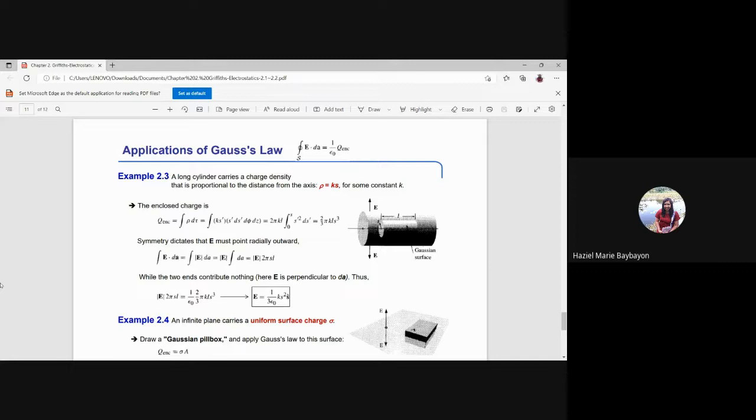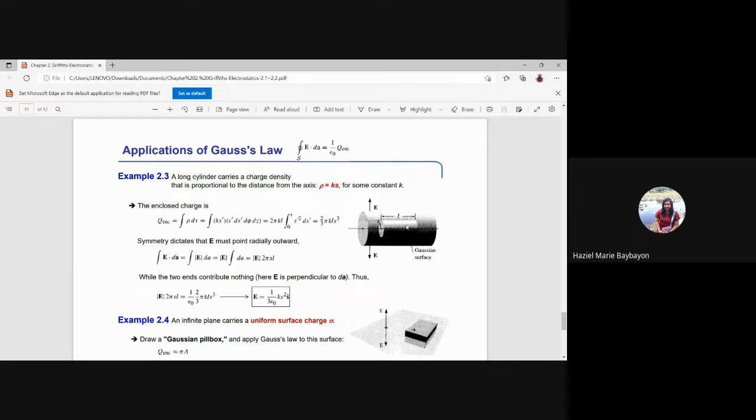Now, supposedly, you consider three surfaces: this surface, and this surface. But when you take the dot product of E and dA here, where dA points outward, you will get 0. The flux here is equal to 0 because the electric field is going upward or downward, and your area vector points outward, so they are 90 degrees with respect to each other.